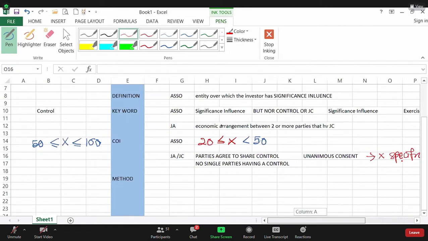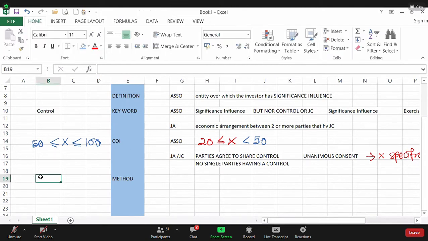Now we go to the method. If you are subsidiary, what is the method? Aizat, you can recall, if you are subsidiary, what kind of method you apply?